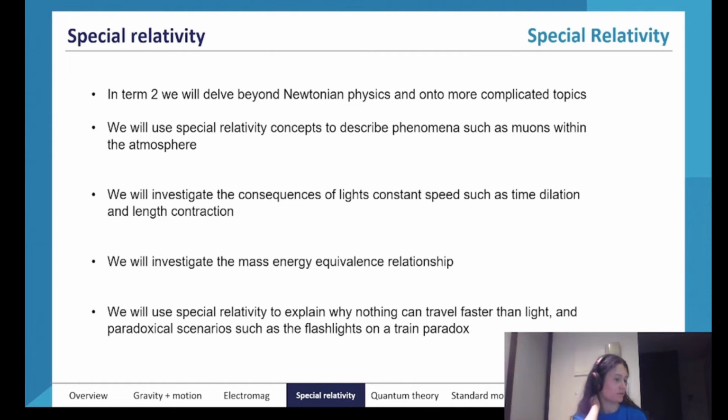For special relativity, we're going to delve beyond Newtonian physics and onto more complicated topics. So, we're going to use special relativity concepts to describe phenomena such as muons within the atmosphere.